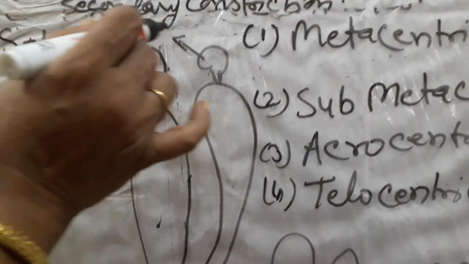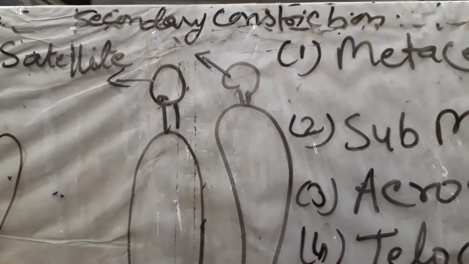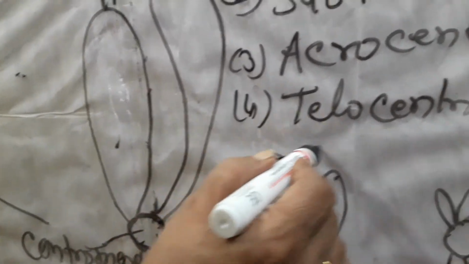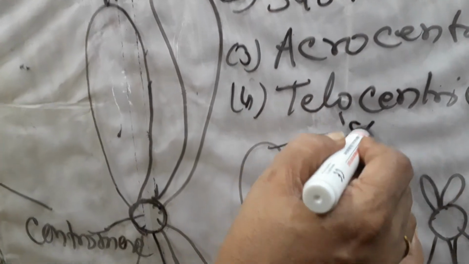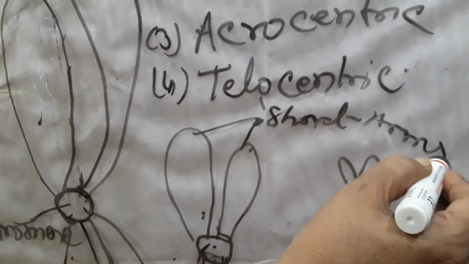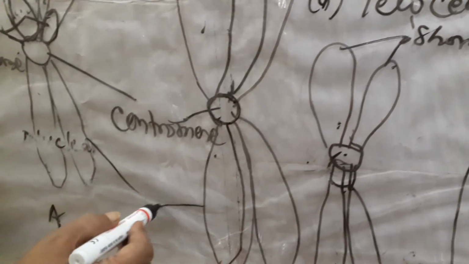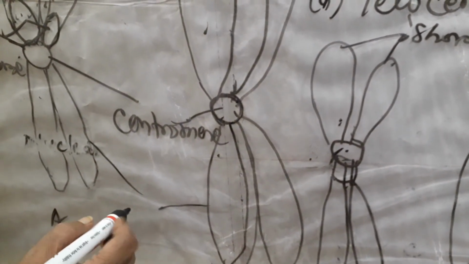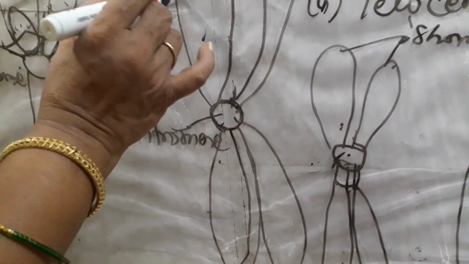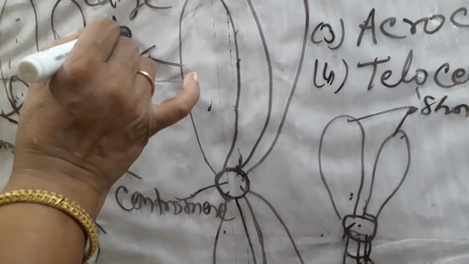Secondary constriction. These are the short arms. And this is the large arm.